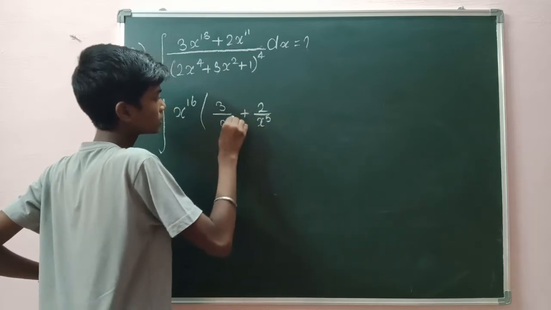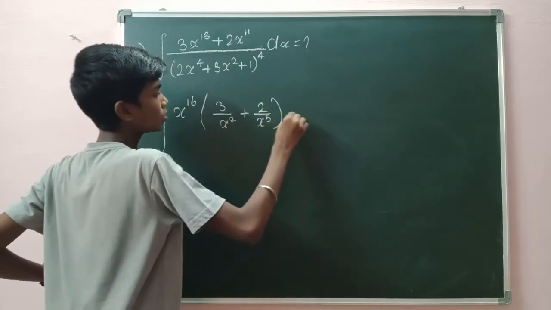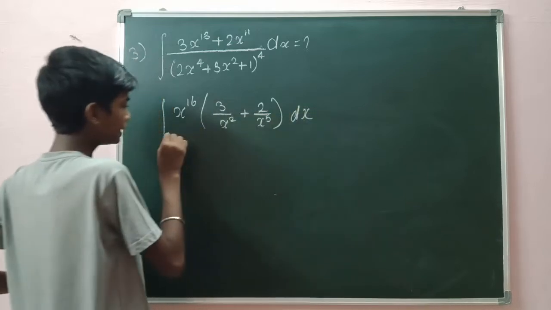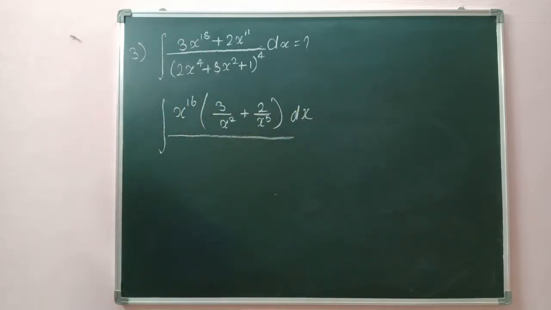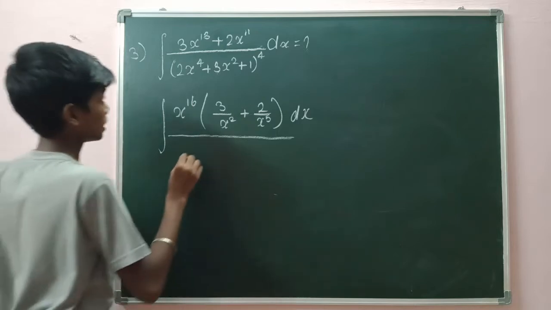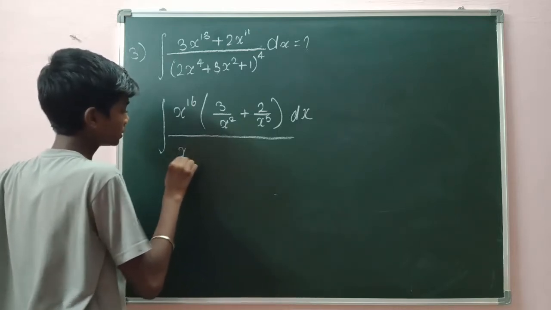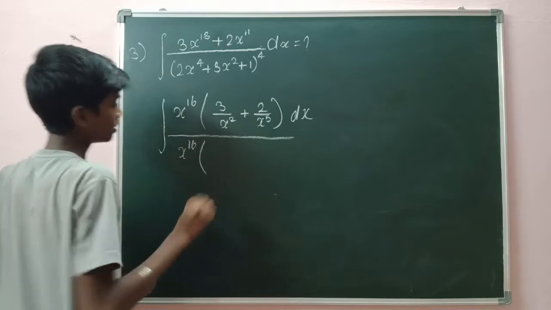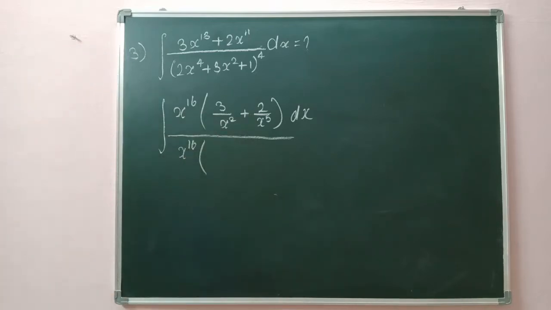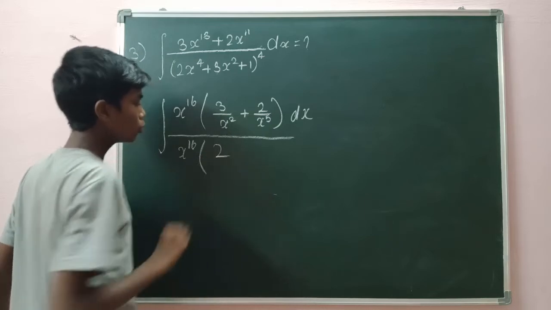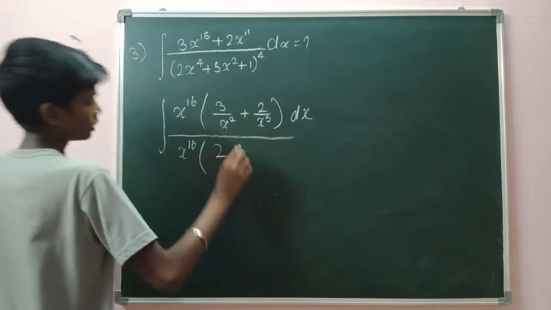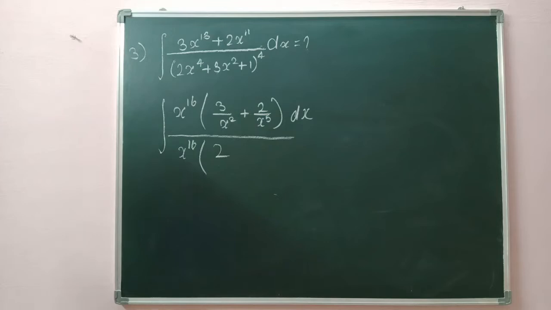This is 2. Then dx. Then in the denominator, when you take x power 16 common, you will get directly 2 only.